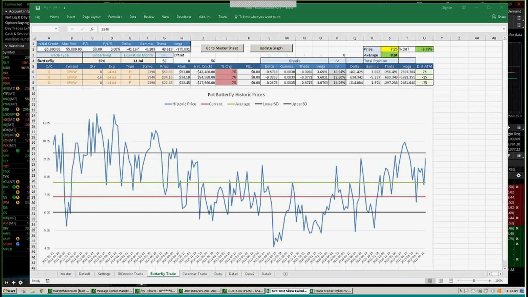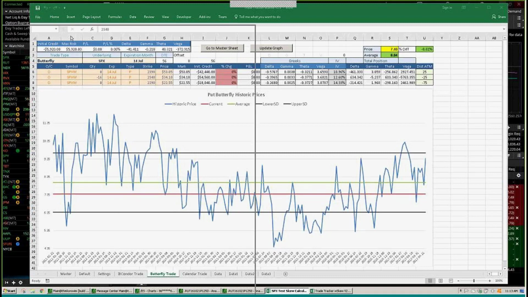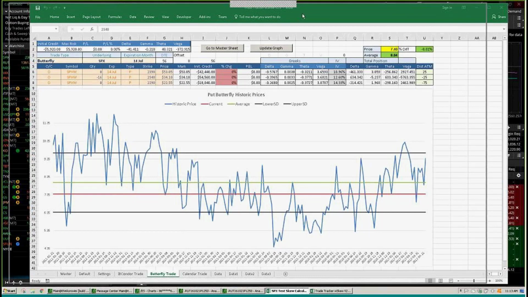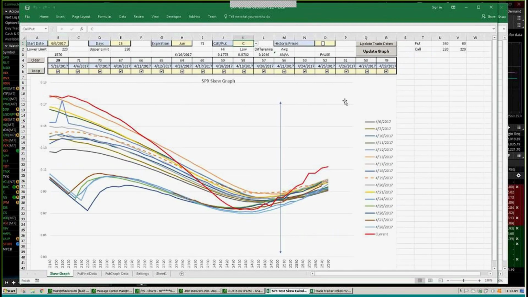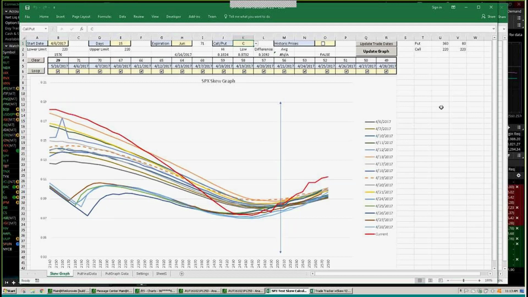But after the vols went up, even though put skews remained steep, here's another thing that affects butterflies: when the put skew is steep, you're better off using a narrower structure. I love really long wings.